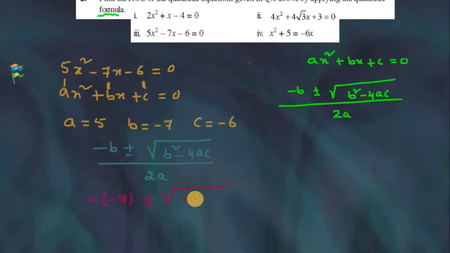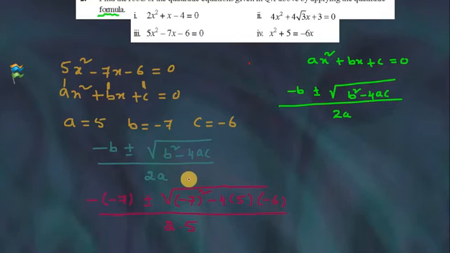So b square minus 4, a value as 5 and c value as minus 6. Just I kept it in the brackets to avoid the confusion. So whole by 2 into a, how much is it here? 5.